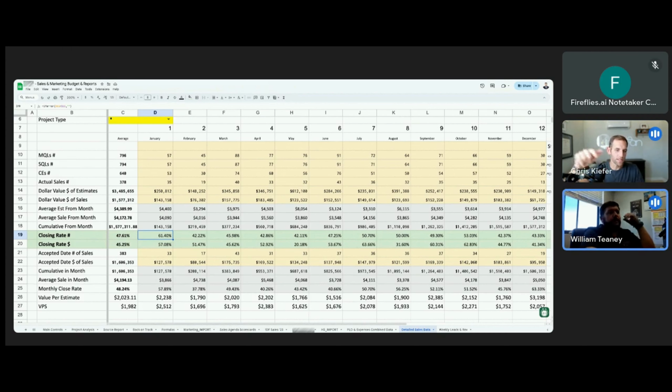Right. So this is the only way to show a close rate that's static in time, that never changes, because I know that the numerator is when I close the deal, and the denominator is when I estimated, and those two things are locked in time forever.